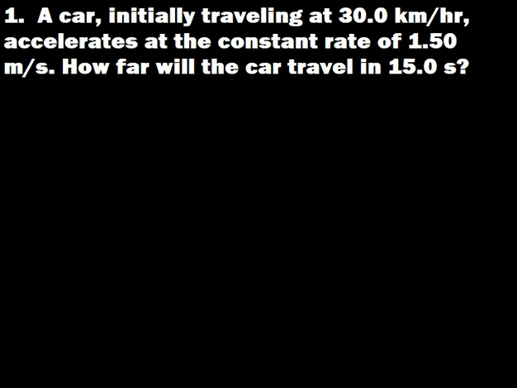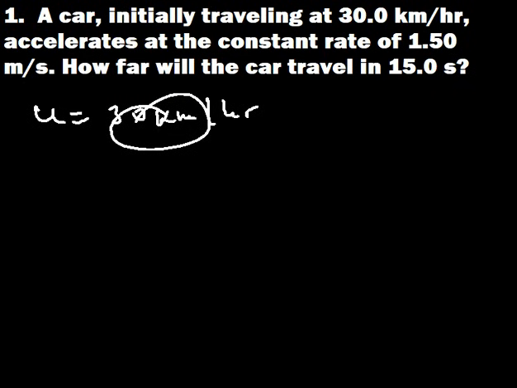Let's say we have this typical question. A car initially traveling at, so that is the initial velocity, 30 kilometers per hour, which you have to convert to meters per second.